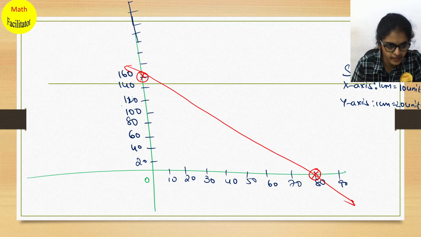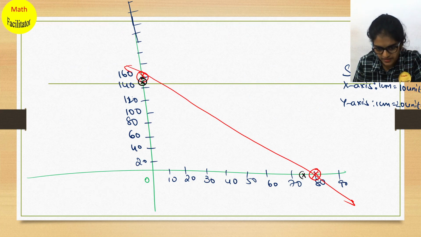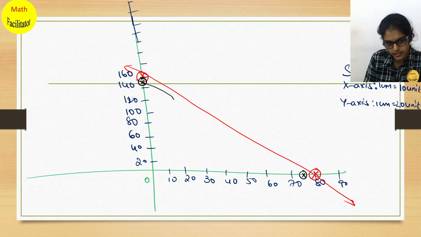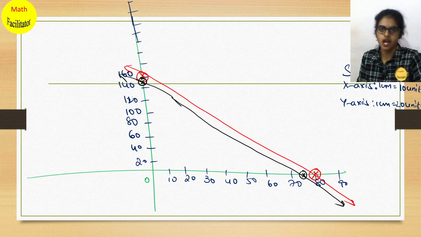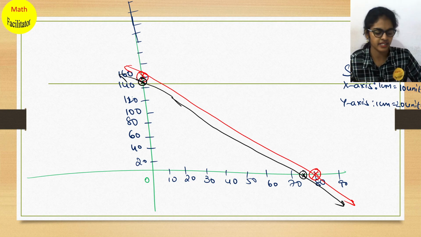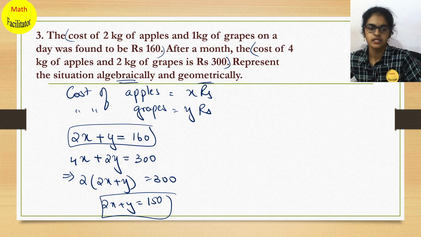As you can see here, between 140 and 160, here you will have 150. And (75, 0), between 70 and 80, here you will have 75. So join these two. Now I can see these two are clearly parallel lines, isn't it? They won't meet at any time. However much you extend, they will never meet. So this is the graph which I get for the third question.